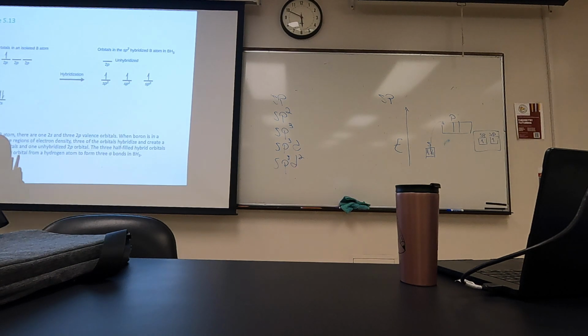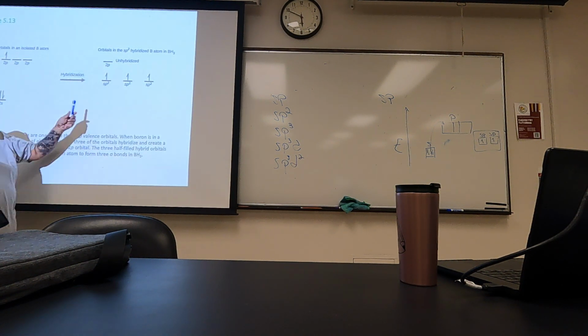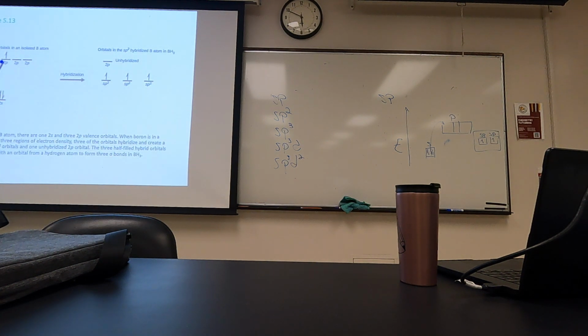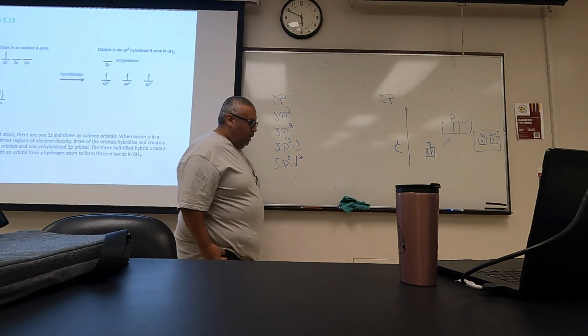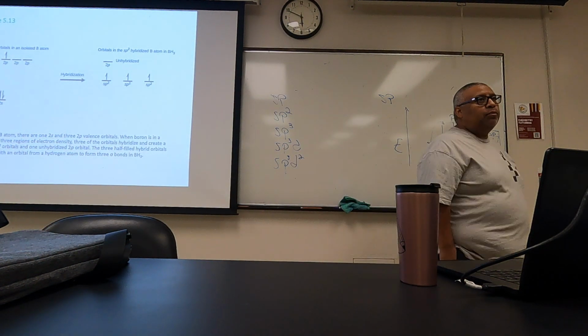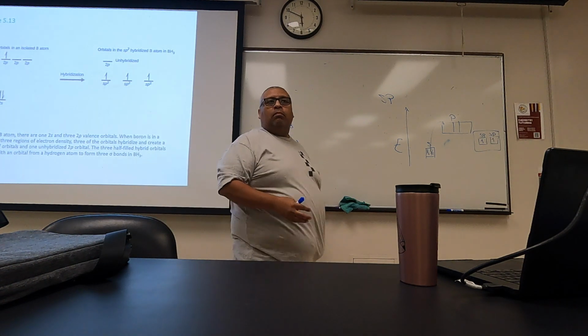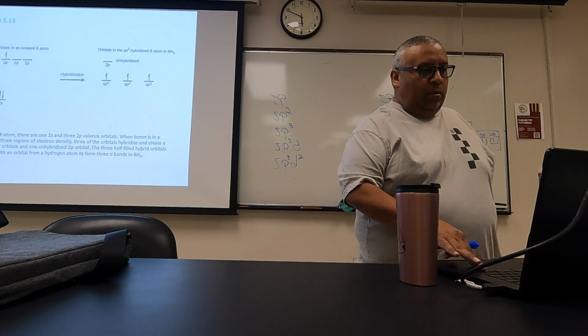But this is going to require three electrons, right? Now this one here will jump here, and with two of these p orbitals we create three. So 1, 2, 3. We're going to create three hybridized orbitals that are sp2, and now only one is going to be unhybridized.